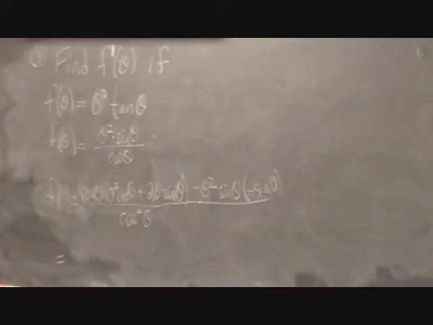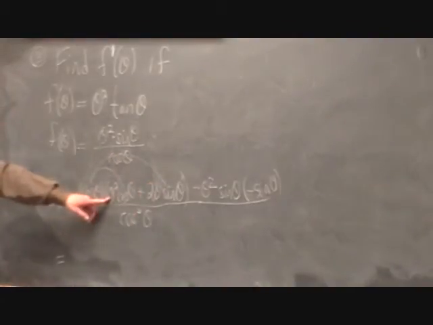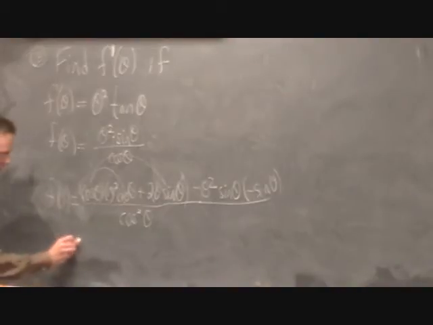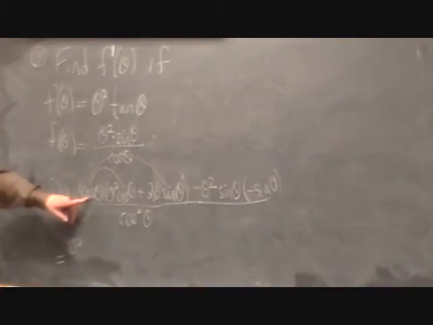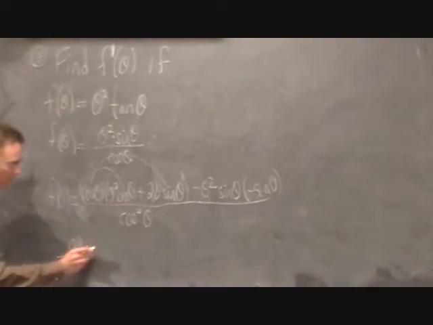Should we clean this up a little? If you distribute this in, you get theta squared as your non-trig portion, and then you get cosine squared theta with it. Everyone okay so far?